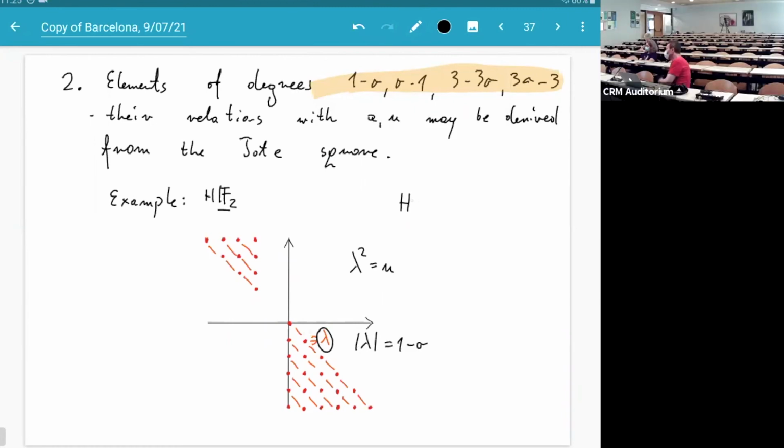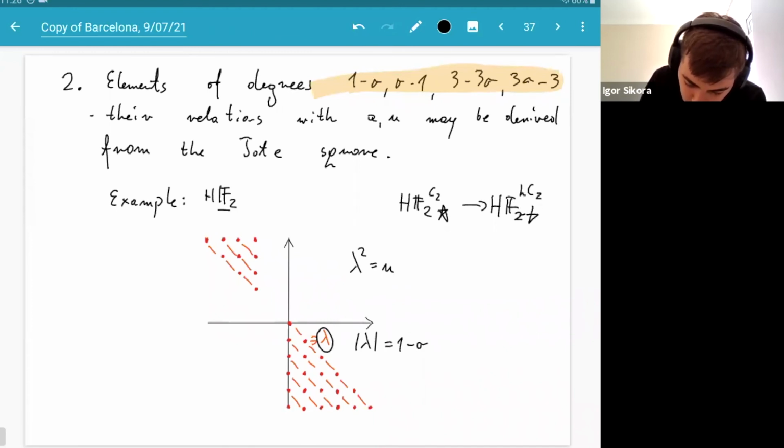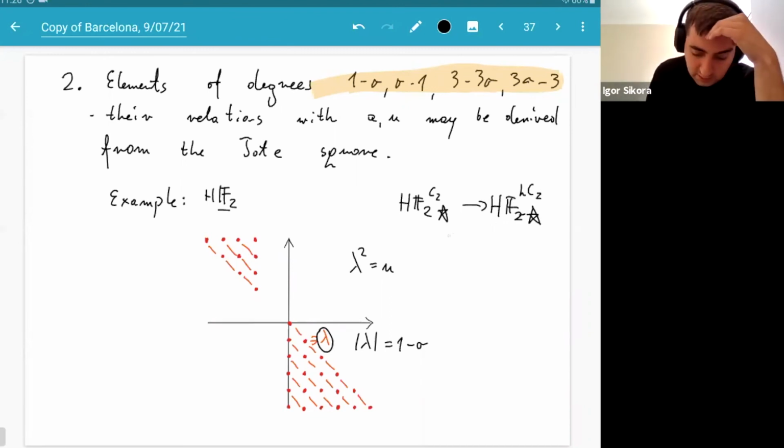This maps from the coefficients of HF2 to the coefficients of its Borel completion. We can derive that lambda squared is equal to U.